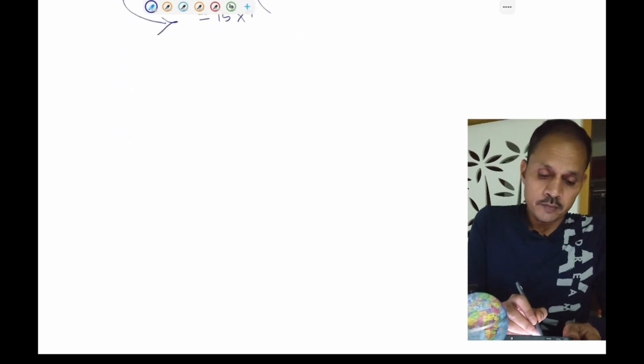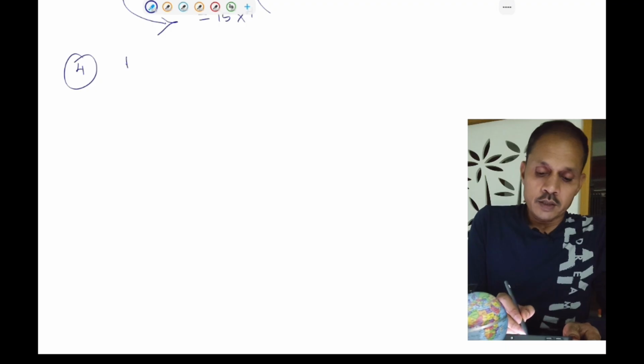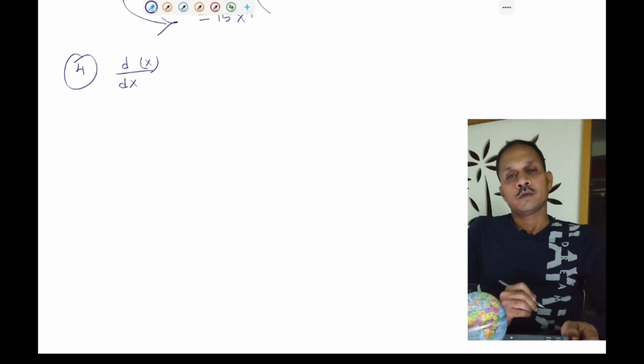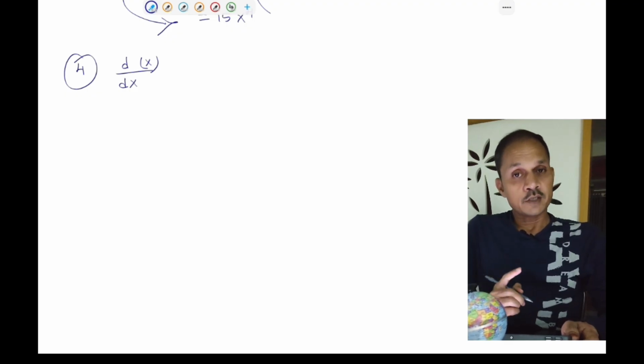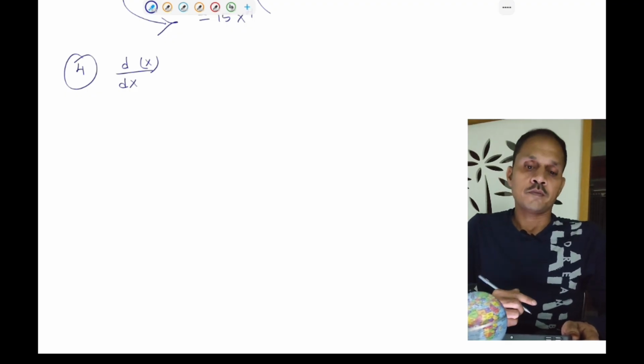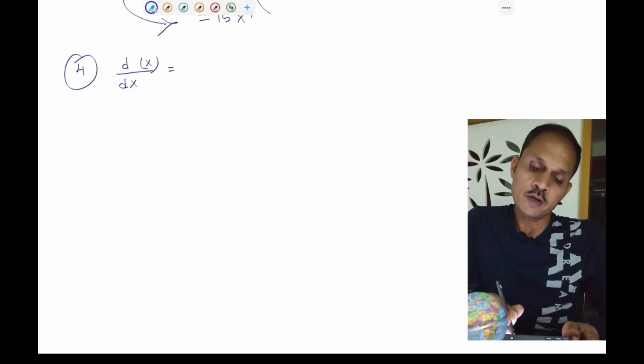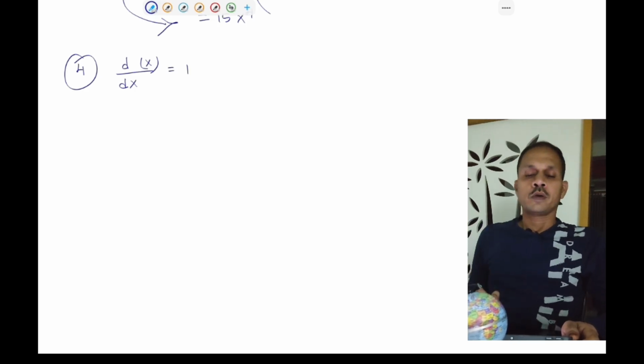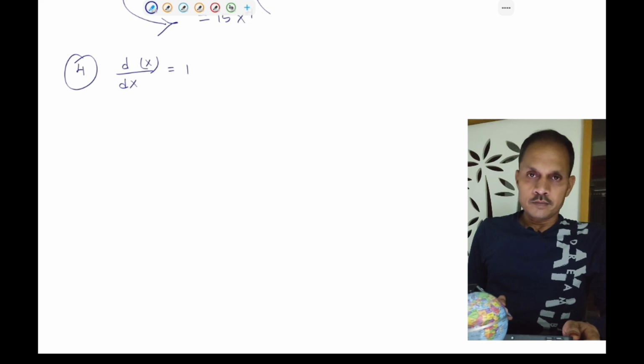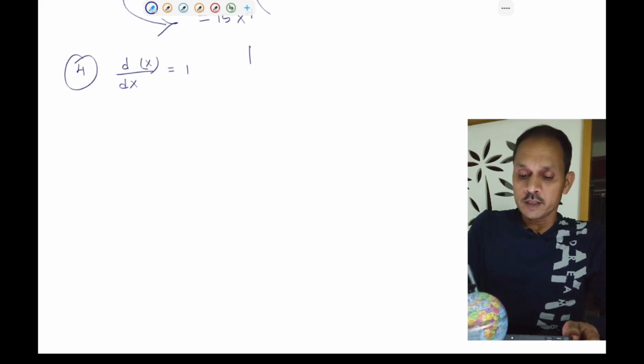One important thing, d by dx of x. We are differentiating x with respect to x. Then the answer is 1. Simple. And why is it like this?